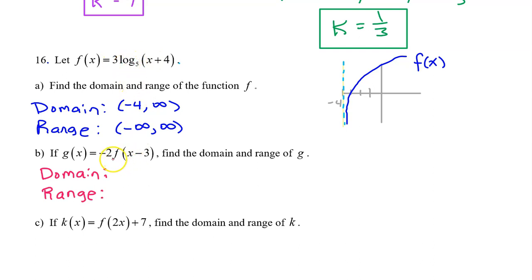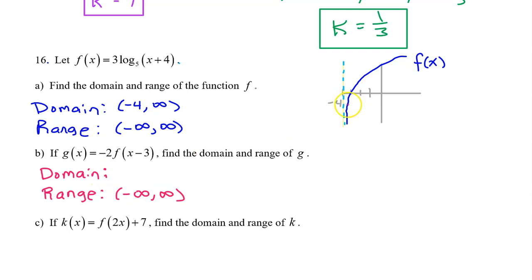So we are doing a reflection over the x-axis, there's a vertical dilation, and there is a horizontal translation by 3 of this log function. So we're flipping this around and moving it around, but it's still a logarithmic equation. So the range is still going to be -infinity to +infinity. That's not going to change. We just need to focus on the domain.